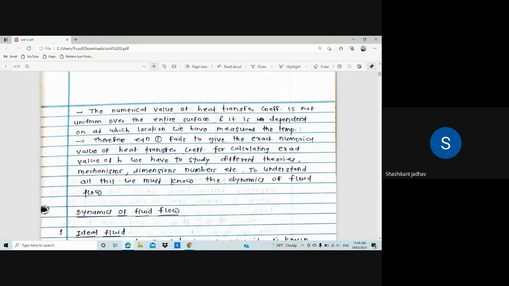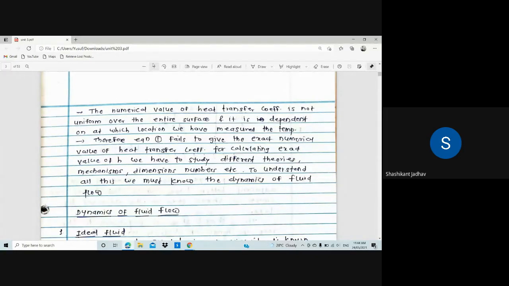For calculating the exact value of H, we have to study different theories.